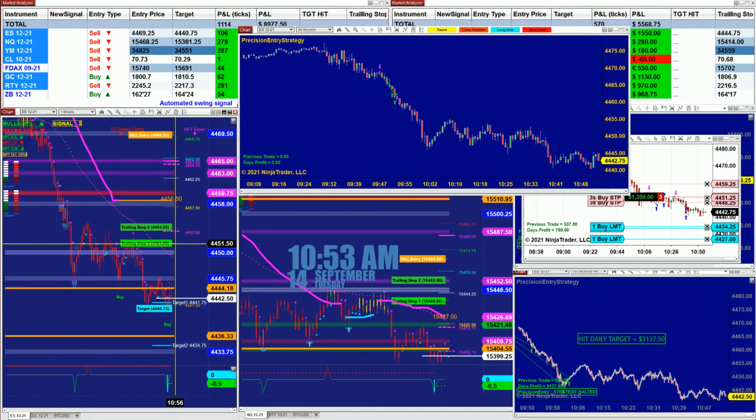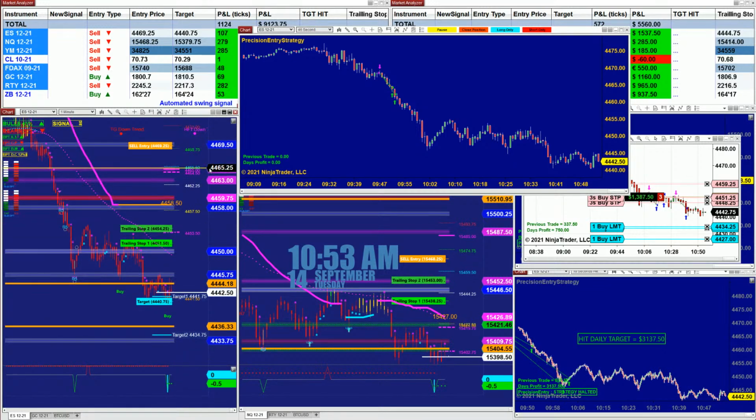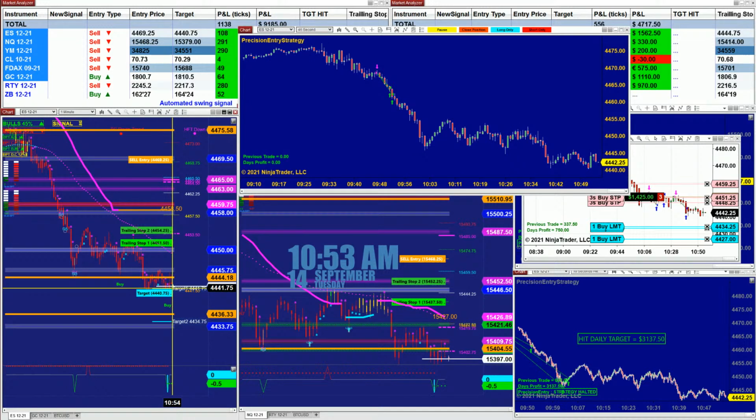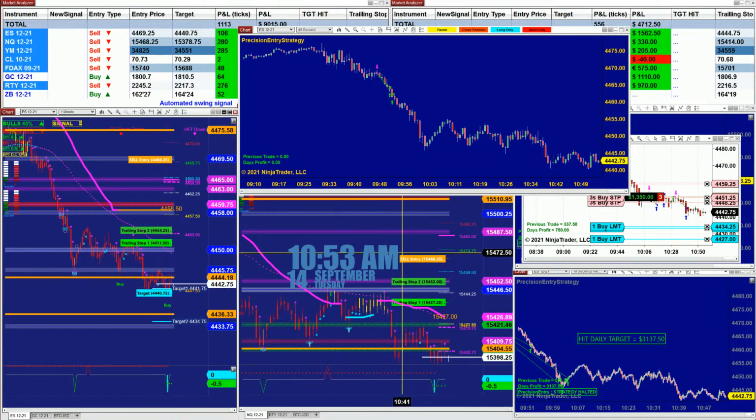And there is no more that kind of trading at the moment, because right now we are getting momentum to drop to target 3, target 2. Once we hit target 2, what will happen to the ES going from target 2 to target 1? Now it's 10:53.